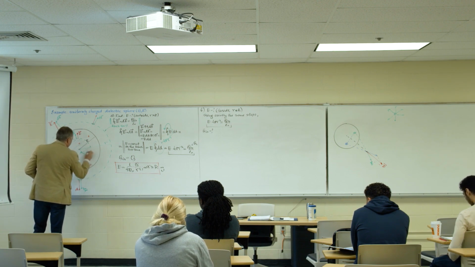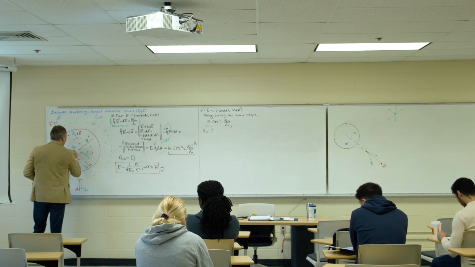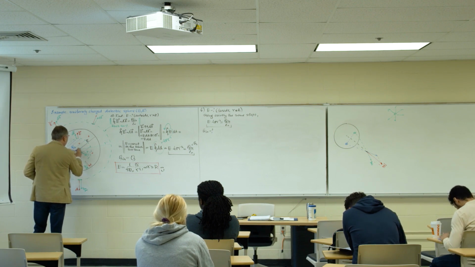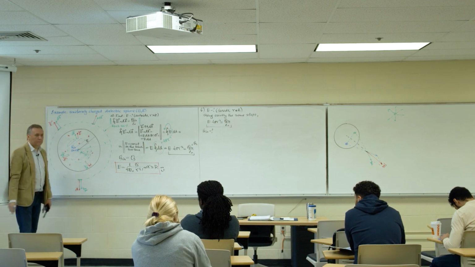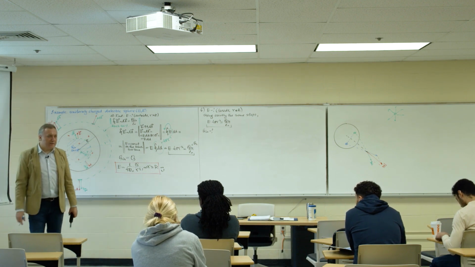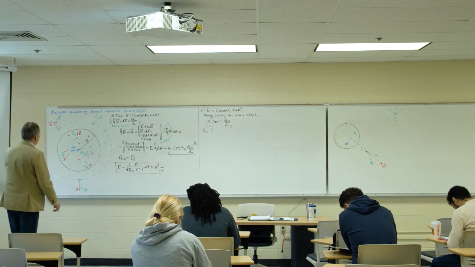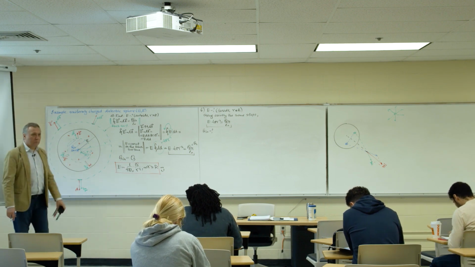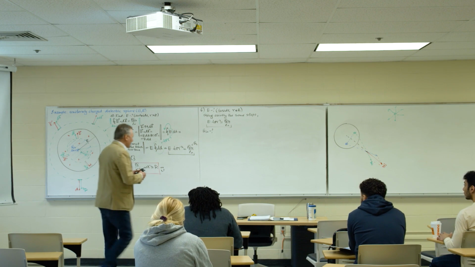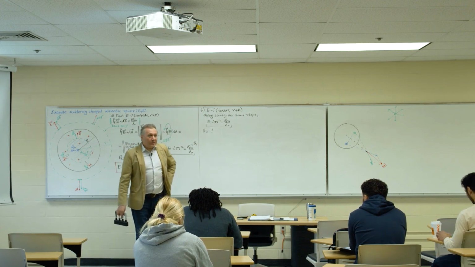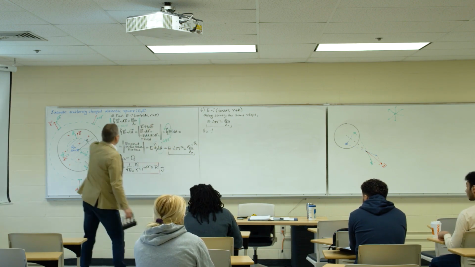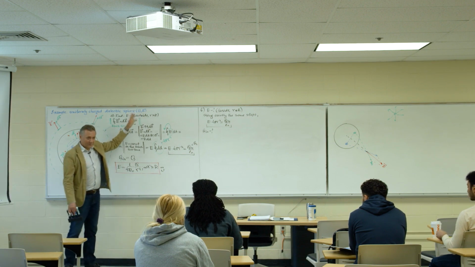Let me highlight it like this. So that's our Q enclosed for part B. We need to calculate only this amount of charge. Any charge outside we're not supposed to count, and so it's obviously going to be smaller than Q capital.